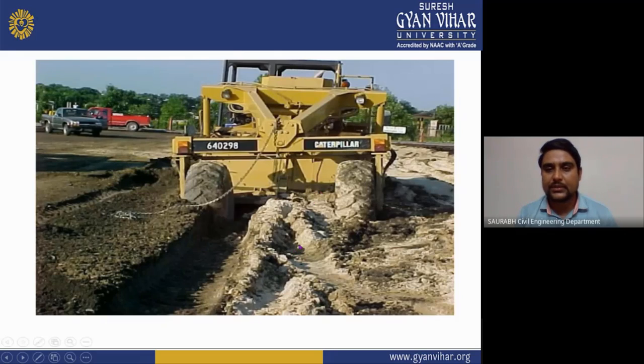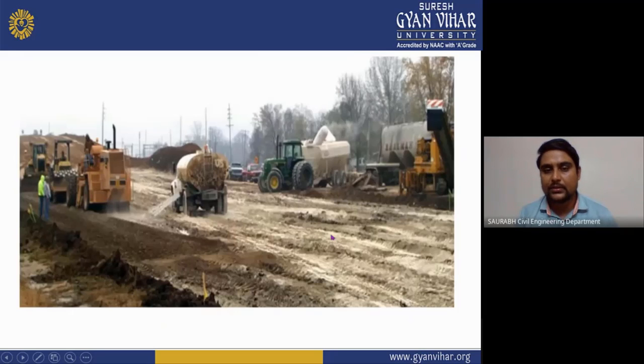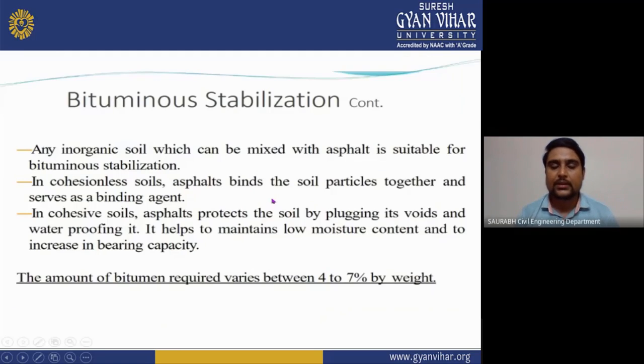As you can see here, this is also one kind of equipment, known as a pneumatic roller. It is used to improve the strength of your soil. These are the images showing the soil stabilization method.